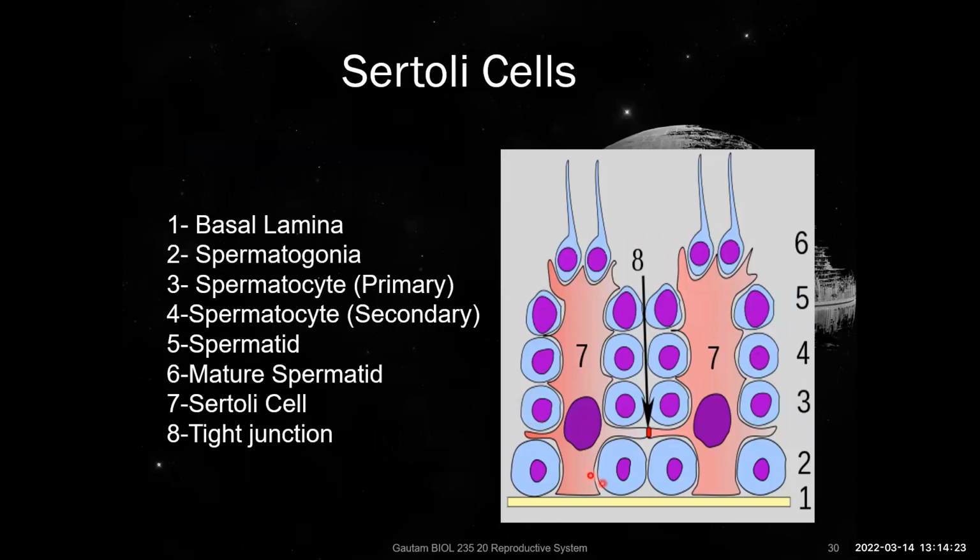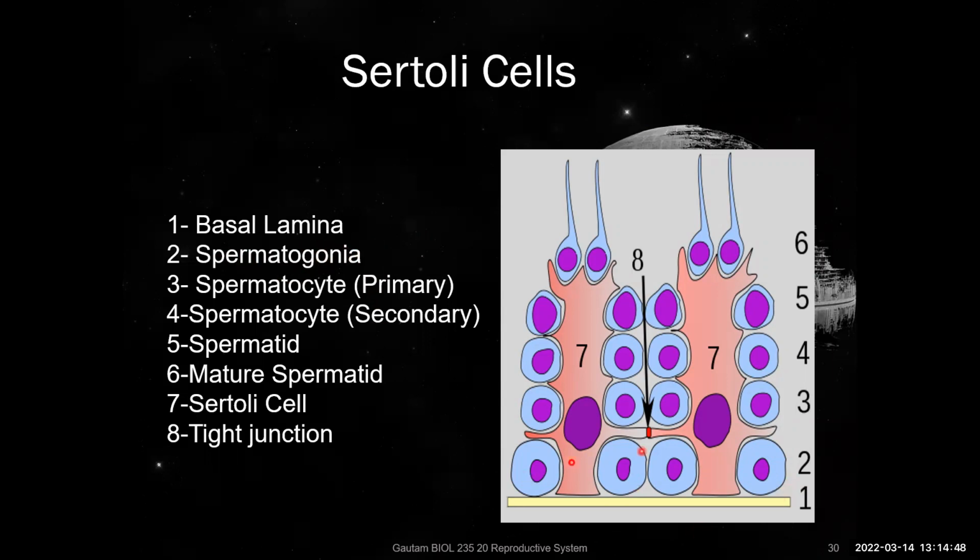So here is a great slide here because it's a nice picture, easy to follow. So this is the lumen up here, and this is, of course, then the other end, right, which is the basal end. And so what you have in the basal end are the spermatogonia, right? Spermatogonium for singular, spermatogonia is plural.